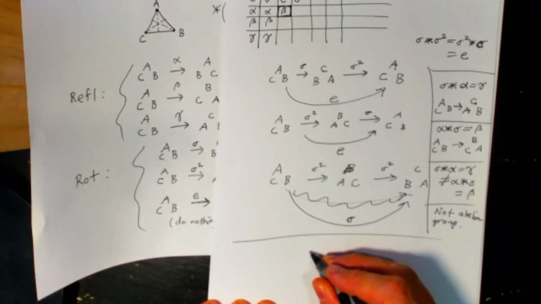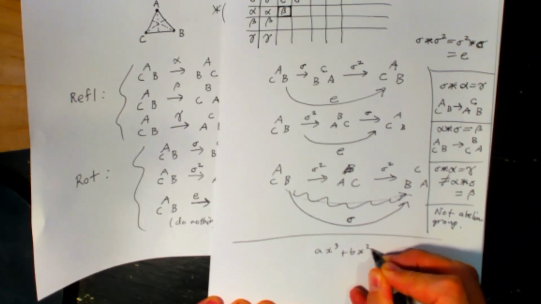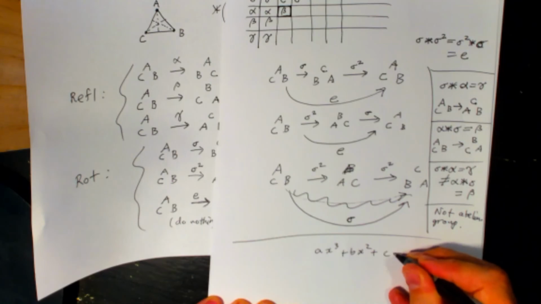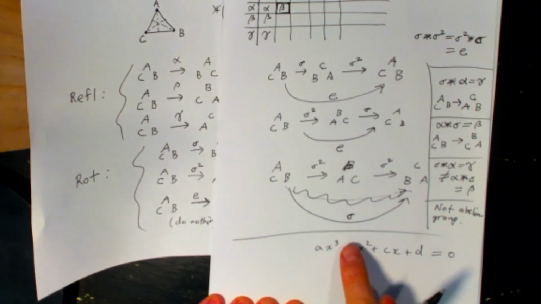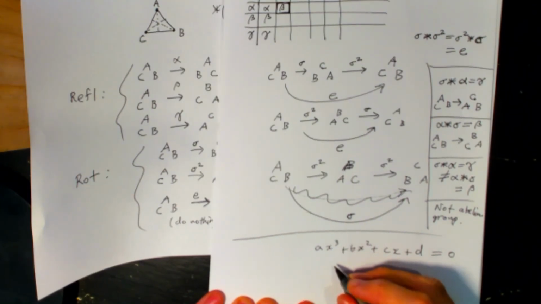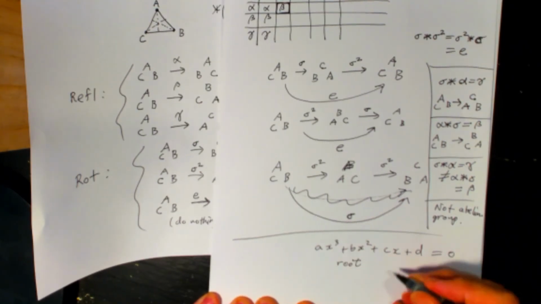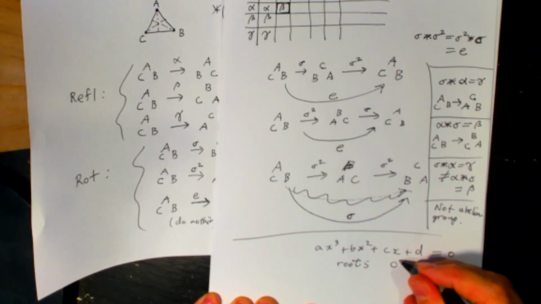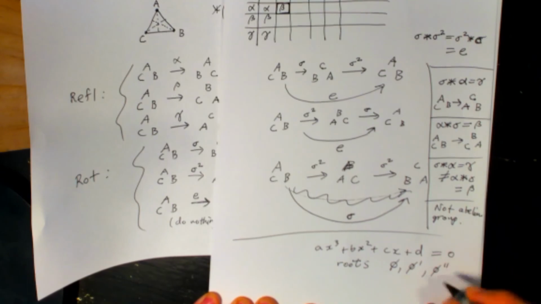If you have something like ax cubed plus bx squared plus cx plus d equals 0, we know that because this has degree 3, we have, say, roots phi, phi dash, and phi double dash, the algebraic conjugates of phi.